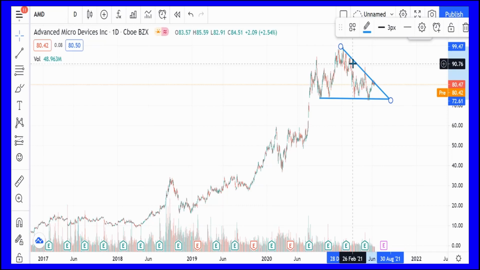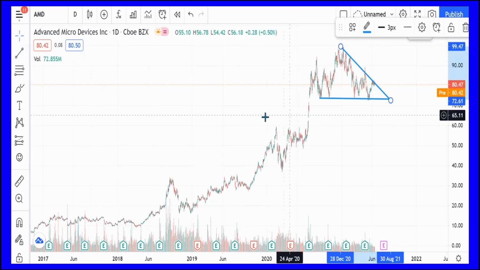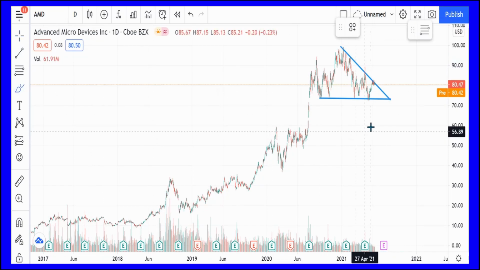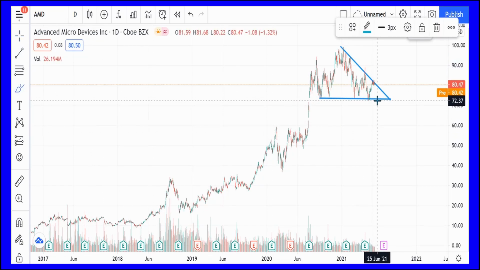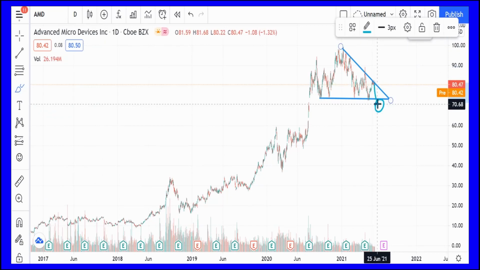Some of you, knowing this descending triangle, may have put your stop loss somewhere around this region. You may think that if this stock goes beyond this horizontal line, then you really have to go out.